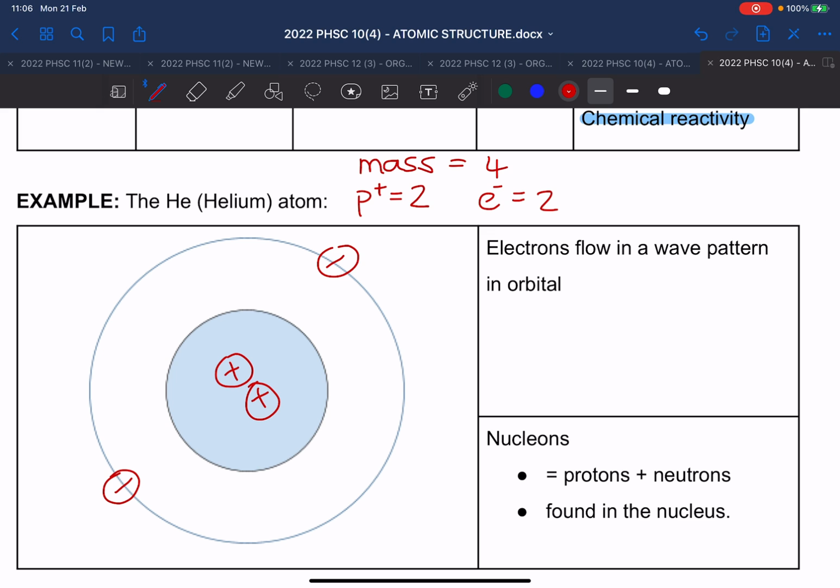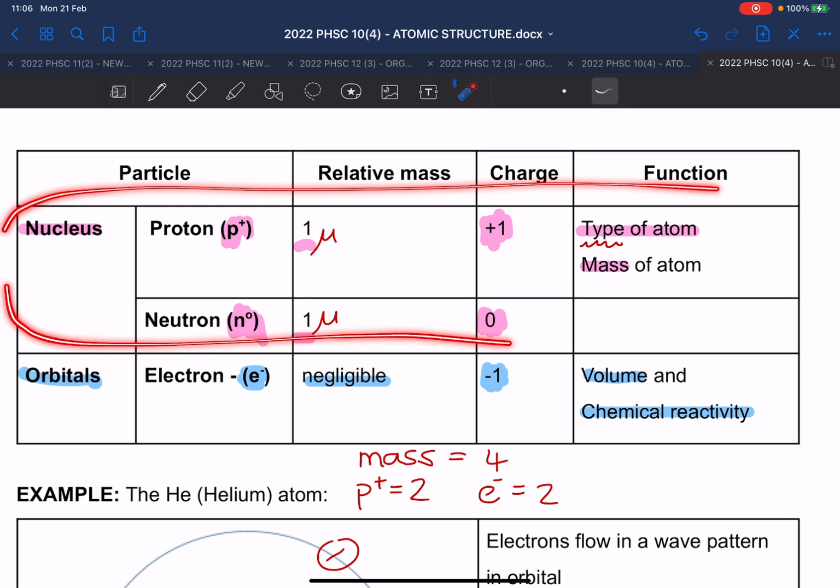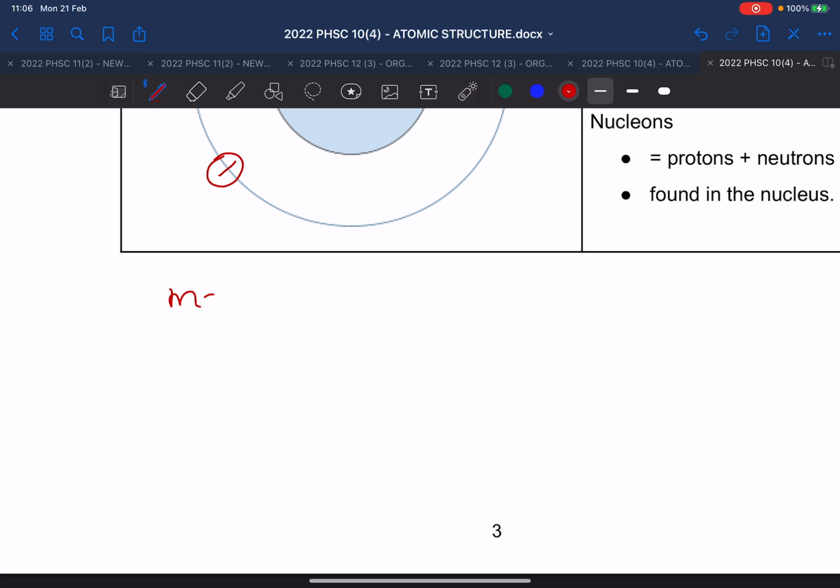Those are 2 different things. What determines the mass? Look here at the top. The protons and the neutrons together give you the mass. So the mass is the number of protons plus the number of neutrons.